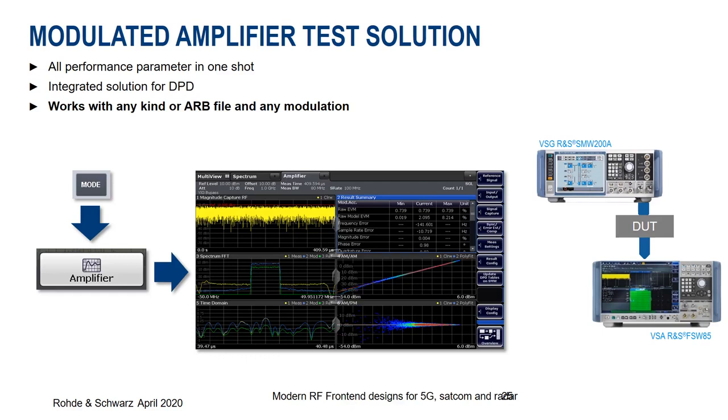With the vector signal generator R&S SMW200A and the signal and spectrum analyzer R&S FSW, you have a tool set which is able to make those amplifier measurements, no matter which standard, in an easy and integrated way, and also even offering support for digital pre-distortion and any kind of standard from radar applications, satellite signals, or 5G with up to 2 gigahertz of bandwidth and millimeter wave range frequency coverage.